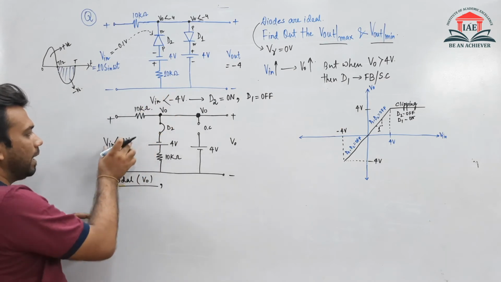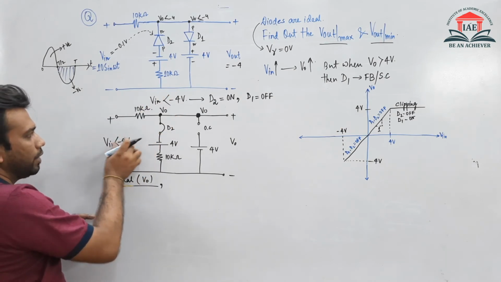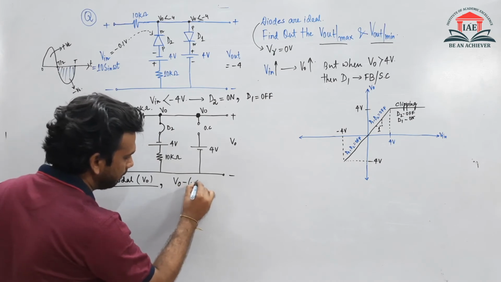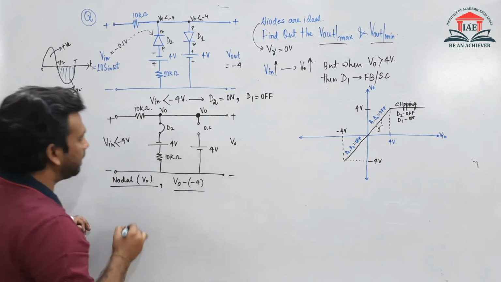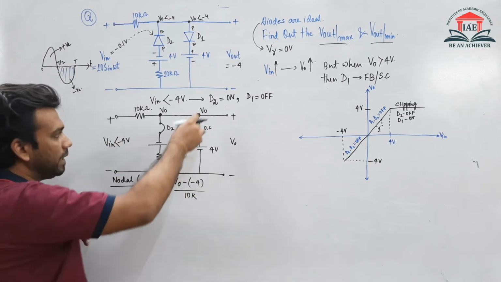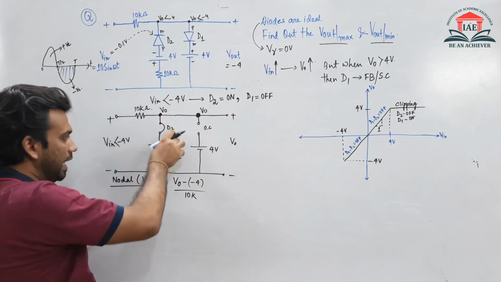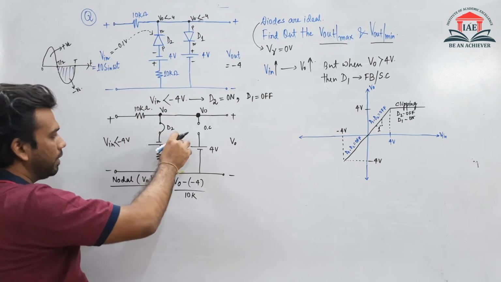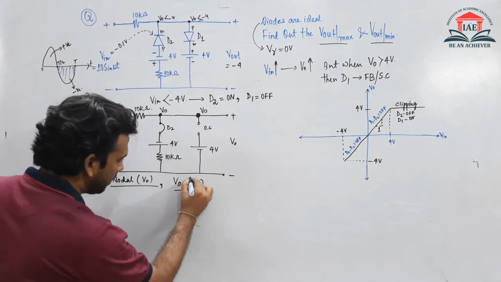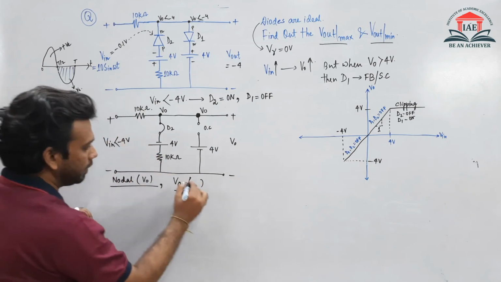V0 और यहाँ पे क्या है? -4. So we'll write it as V0 minus of -4 divided by 10 kilo ohm. So it will be 10 kilo ohm. Similarly V0, यहाँ पे भी देखिए -4 है. अब ये वाला पार्ट जो है यहाँ पे -4 करके नहीं लिखने का, यहाँ पे इनपुट वोल्टेज लिखने का.